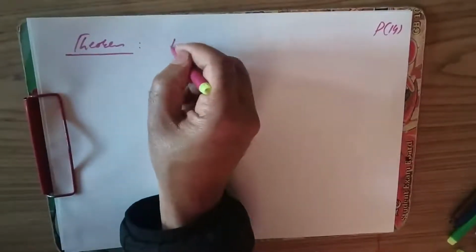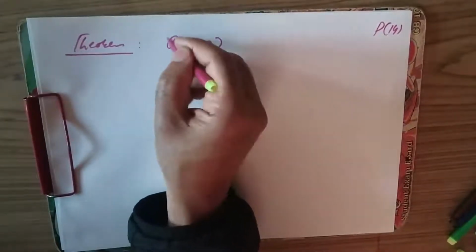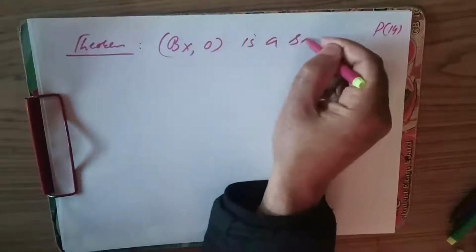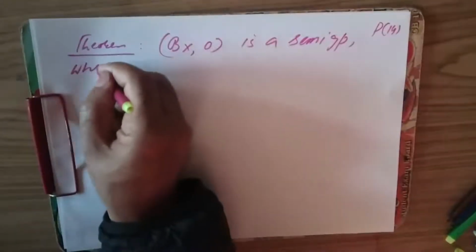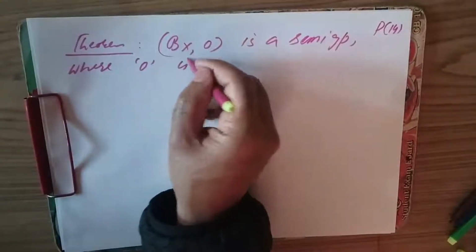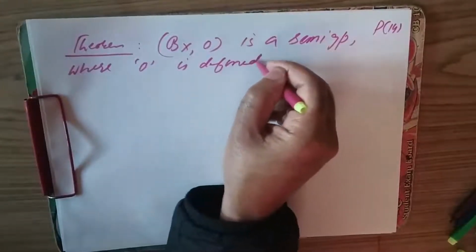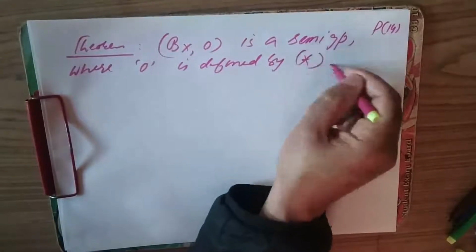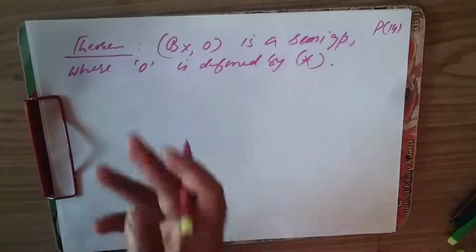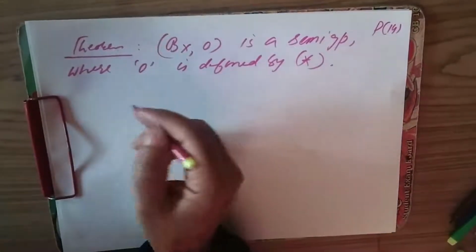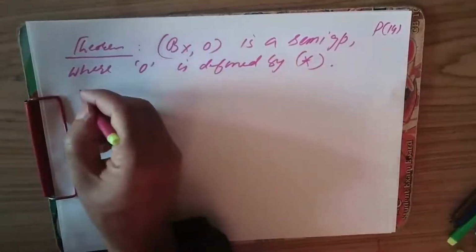Theorem: B(X) with this binary operation, defined by star, is a semigroup. It's a binary operation, so we just try to verify that this operation is associative.